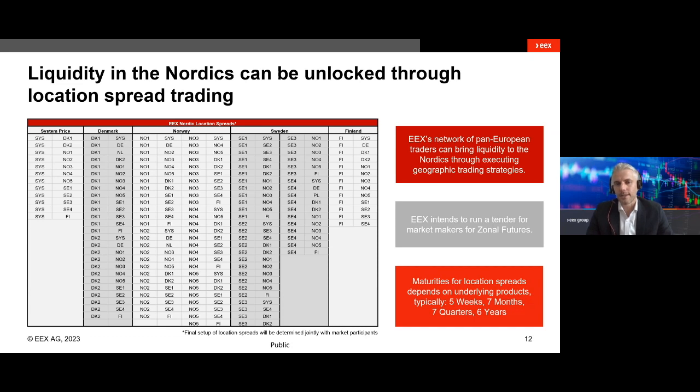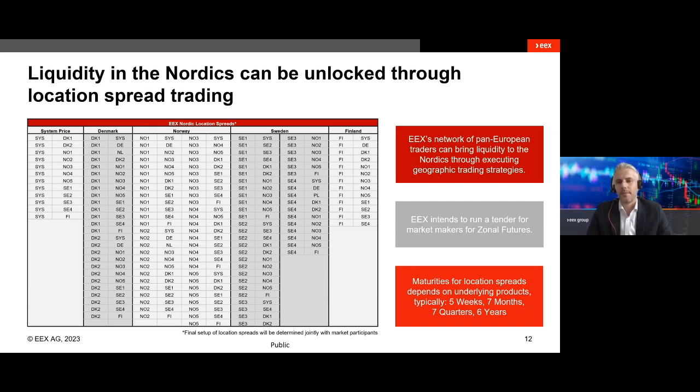In addition to that, and that is very important to many participants that are not yet active in the Nordic market, we will also enable spread trading functionality between selected Nordic bidding zones and EEX's existing power futures in the continental market. Why is that? There is a lot of interconnection capacity already and will be further built between the Nordic and the continent.